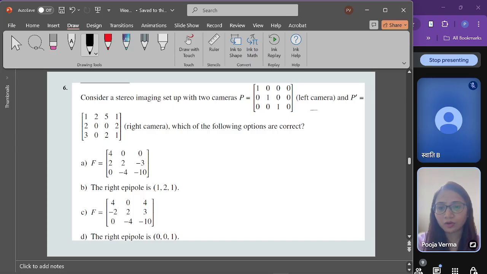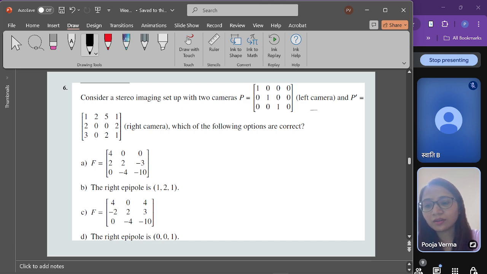So that means we have to calculate the fundamental matrix and right epipole from these. From there, we get to know which options are correct. Here, the left camera matrix and right camera matrix are given. Now we need to calculate the fundamental matrix and right epipoles.